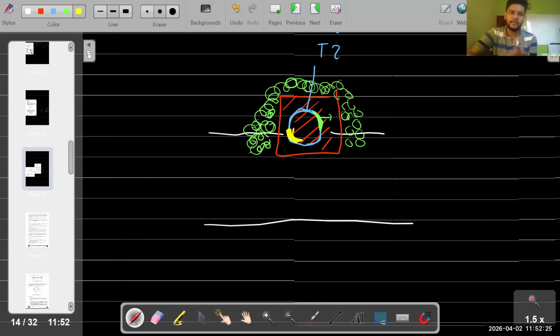Just give a try. No issue if it's wrong because it is the first time you're coming across this, right? What is this green color? Segment of plasmid. Very good.